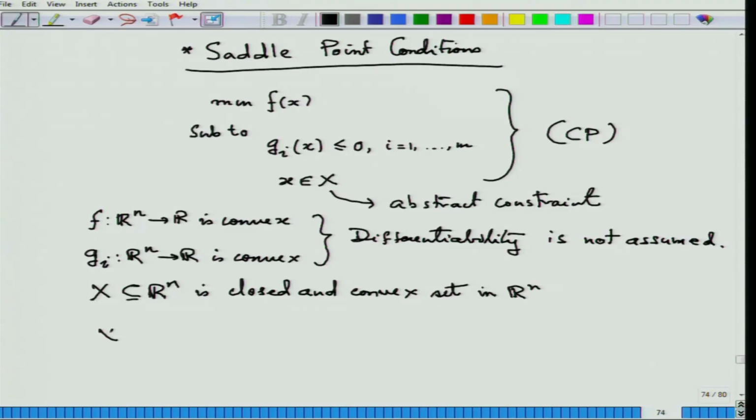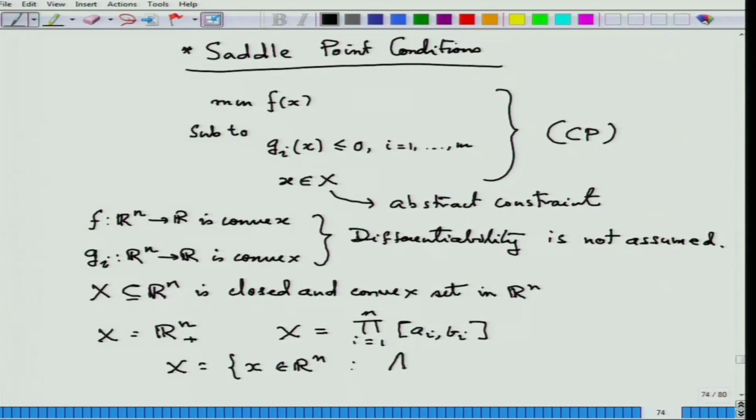X could be, for example, Rn plus, that is, it has a non-negativity restriction on the variable, or X could be the Cartesian product of say n intervals in R, or X could even be something else, so you get many forms of X. So, that is why it is called an abstract constraint.